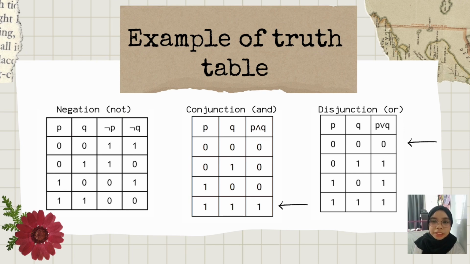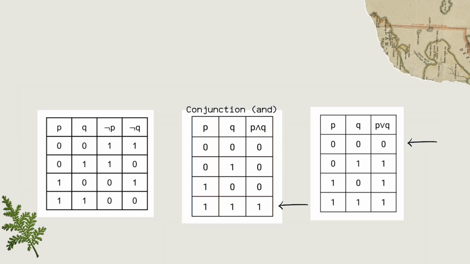Lastly, as you can see in the truth table of disjunction on the top, if P and Q are both true, then P or Q is true. Otherwise, it's false.